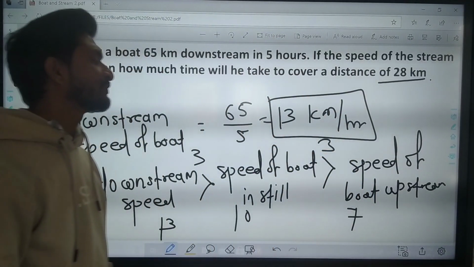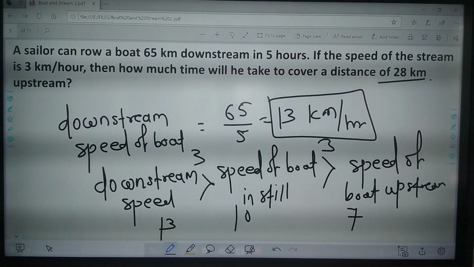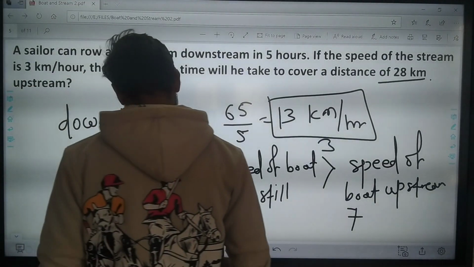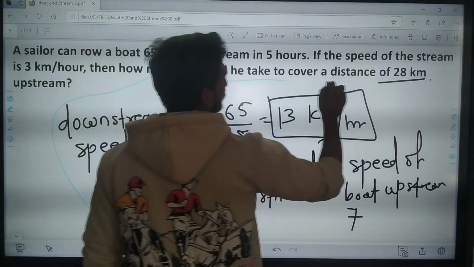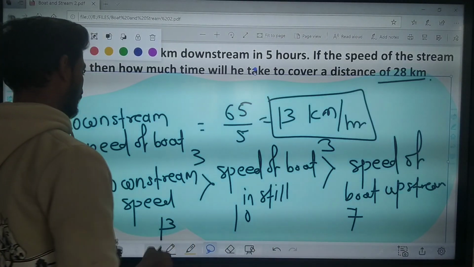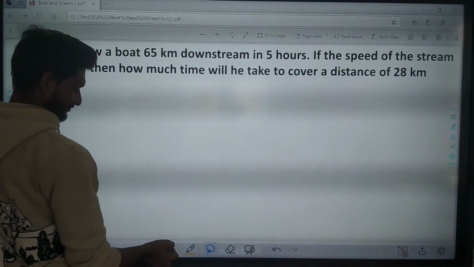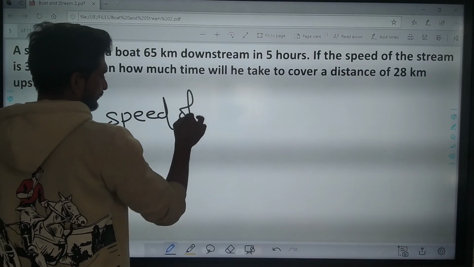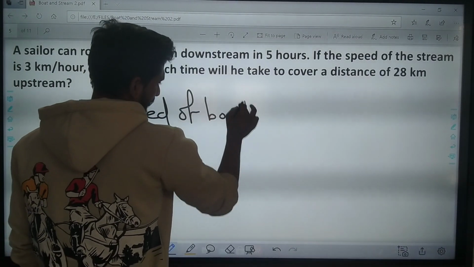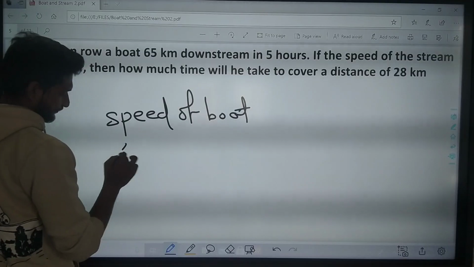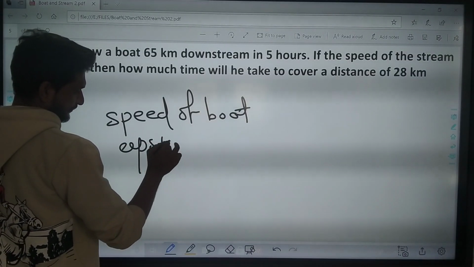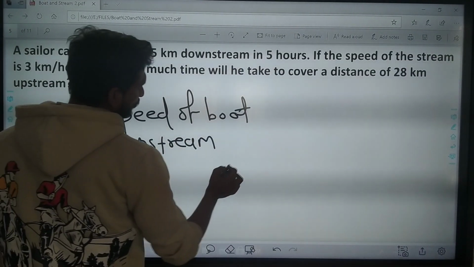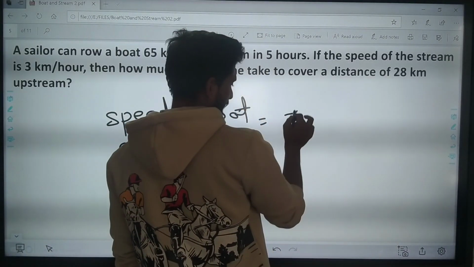So the speed of the boat upstream is 7 km per hour.